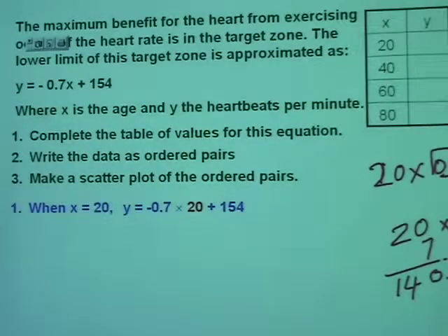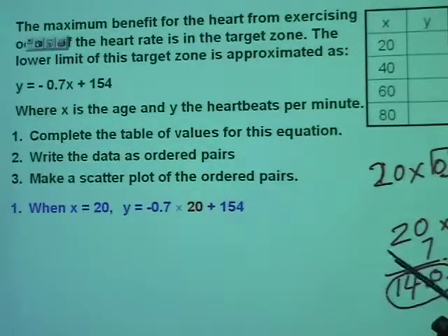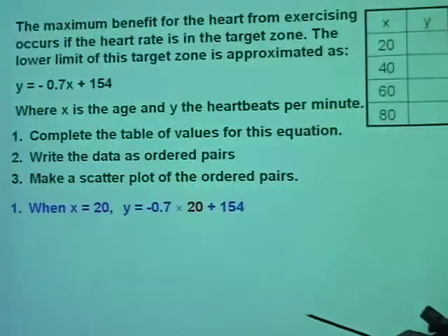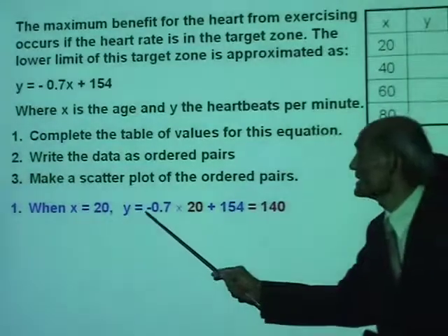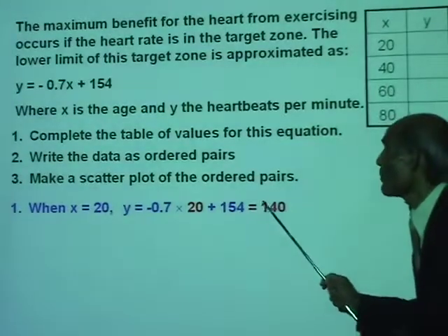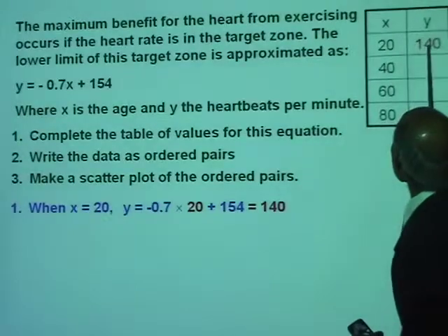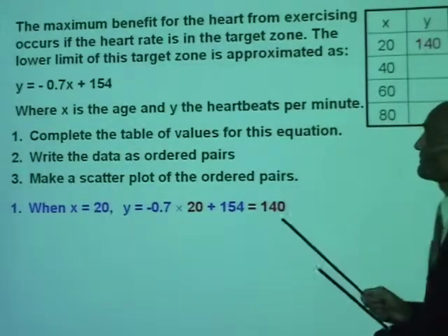So go from right to left and put your decimal there. That is the answer. So, if 20 multiplied by 0.7 is 14, then negative 0.7 multiplied by 20 will be negative 14. Is that right? So that will be negative 14 plus 154, that will be 140. When x equal to 20, y is 140.